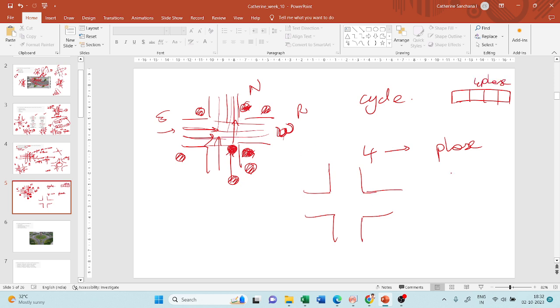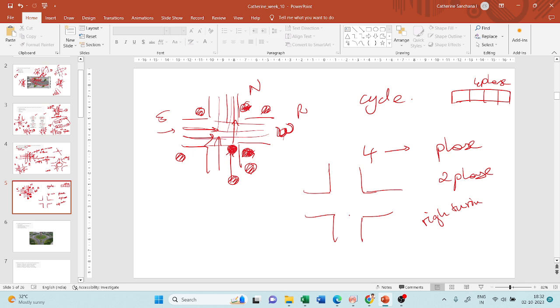Now, if you go for a two-phase signal, let us say there is no right turning traffic in this four-legged intersection.